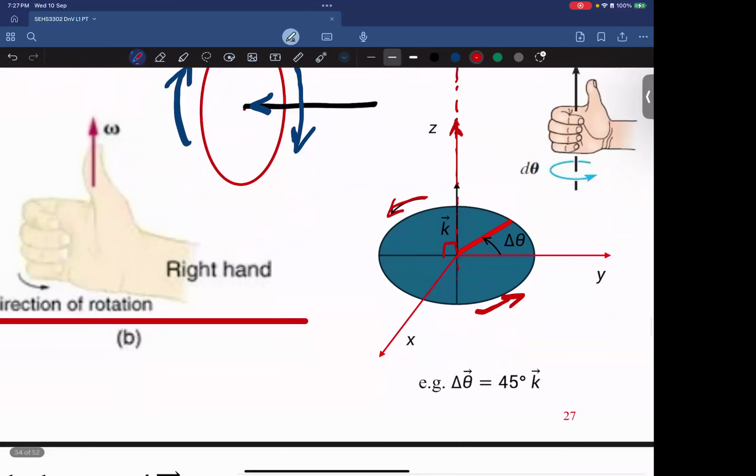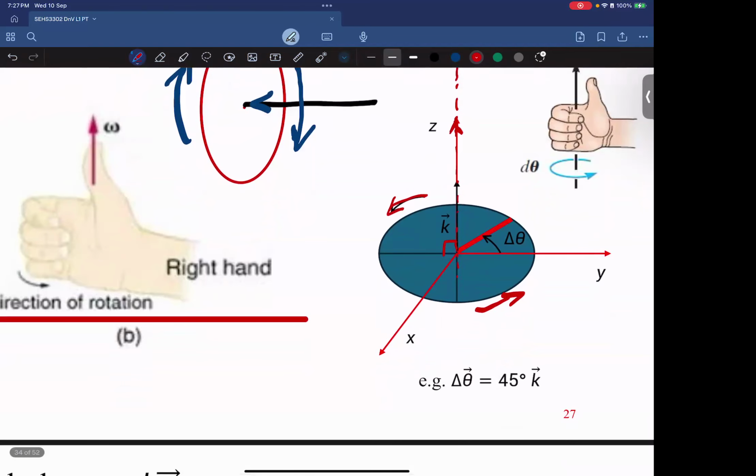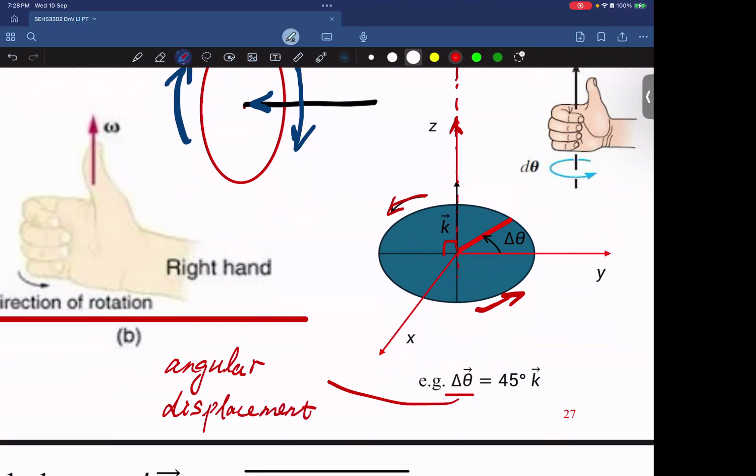Therefore, for this rotation, we have a vector angular displacement. If it is a displacement, it must be a vector. So how do we give this vector?